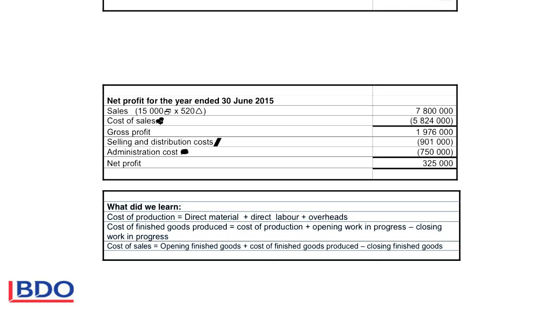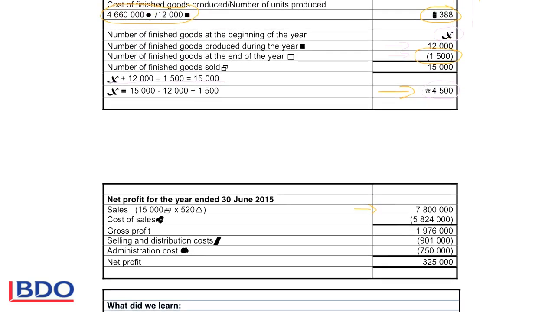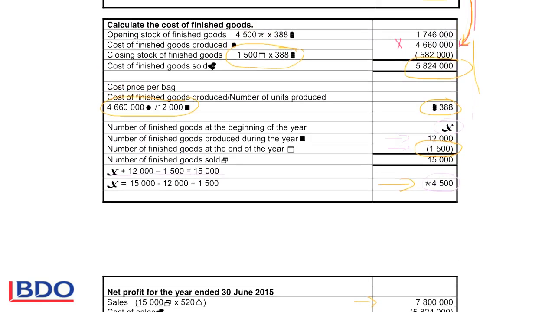So if we want to determine the profit, we can say that the total sales price was 15,000, they told us, times 520. So that information was given, so it's easy to calculate the sales. The cost of sales equals the amount that we calculated here as cost of finished goods.